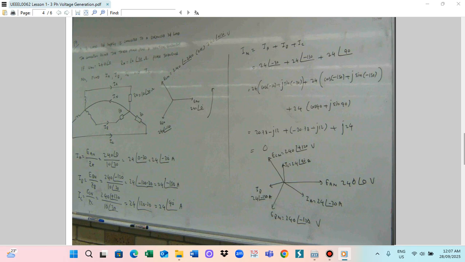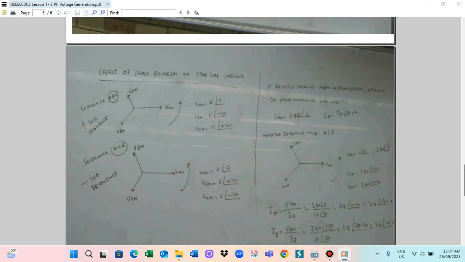VBN is this one, so this is the minus VBN. Minus VBN equals 240, and the angle becomes 60 degrees, because you reverse this line. By reversing it, the magnitude doesn't change, but the angle becomes plus 60 degrees.